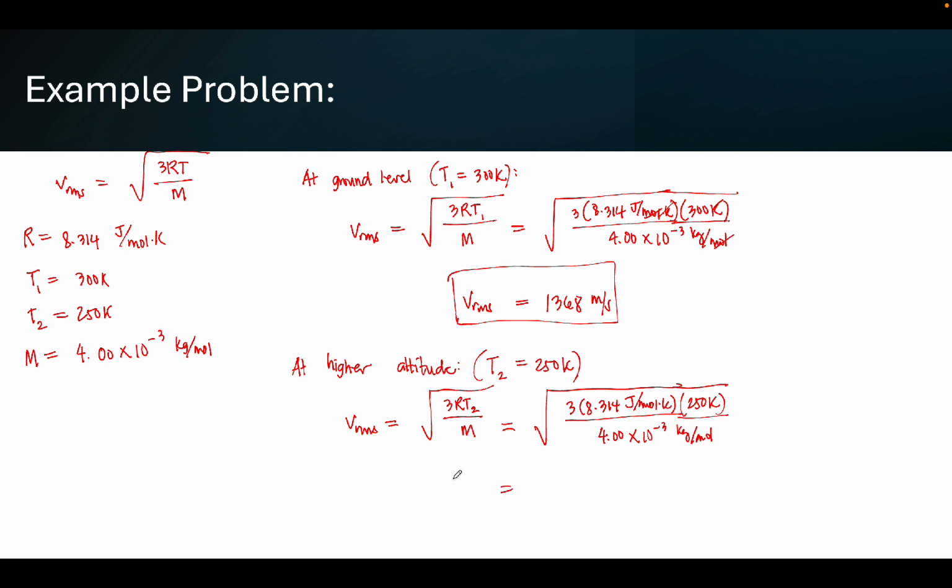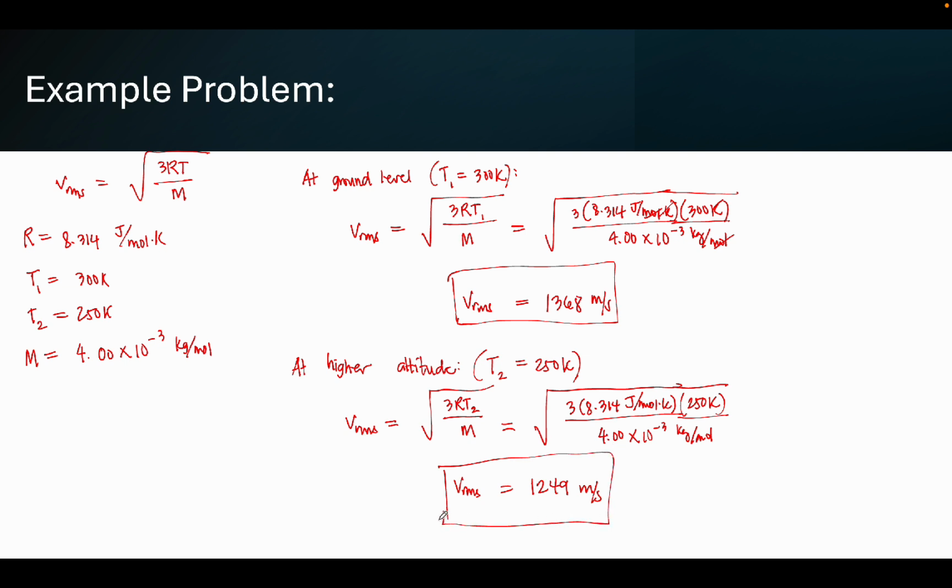Calculating this, the root mean square speed is approximately equal to 1,249 meters per second. So this is the root mean square speed at higher altitude.